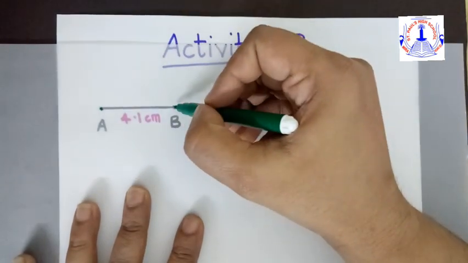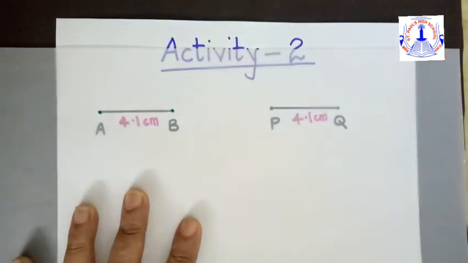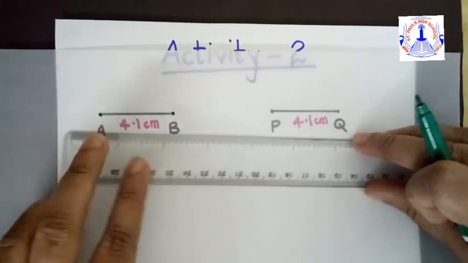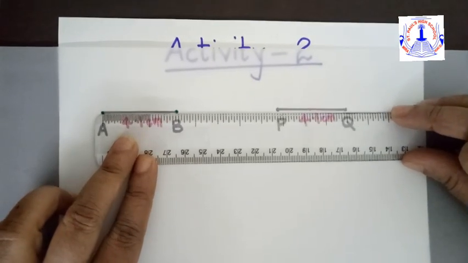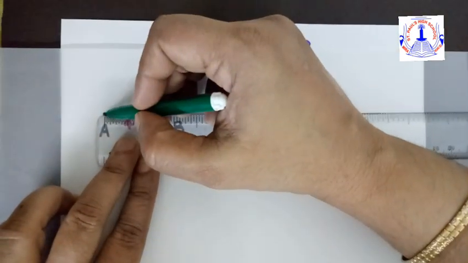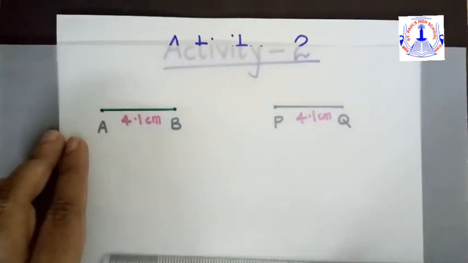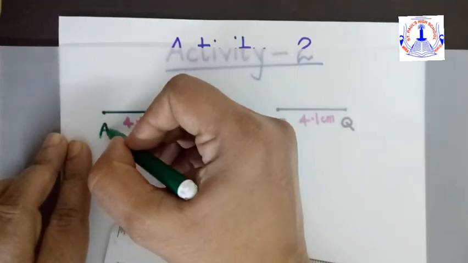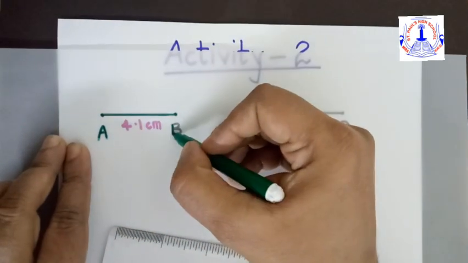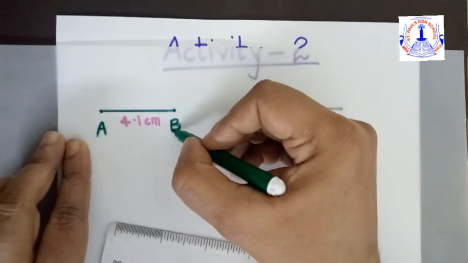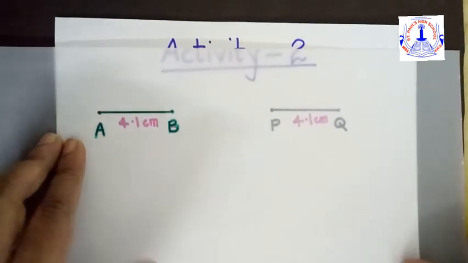So, with the help of the scale, we will trace the length of segment AB and write the names of the points on a sheet of transparent paper.